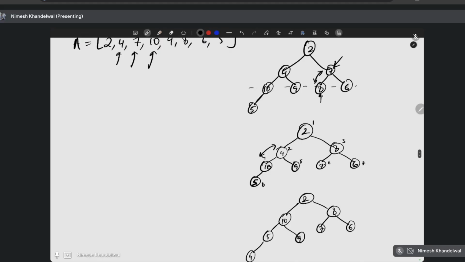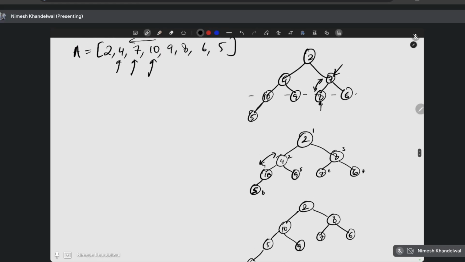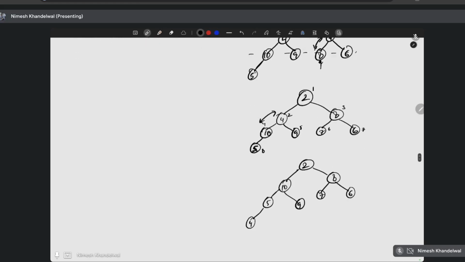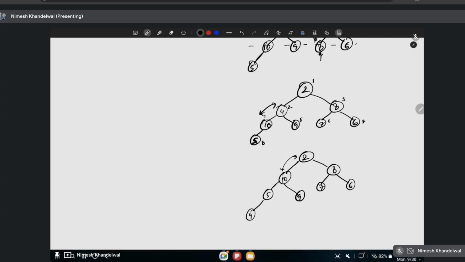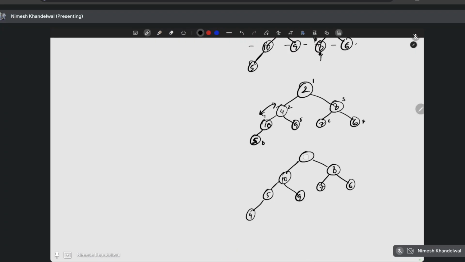Right? And then we come to 2, right? So for 2, we exchange it with 10. And then at the location of 10, we again perform max heapify. So we replace it with 9.